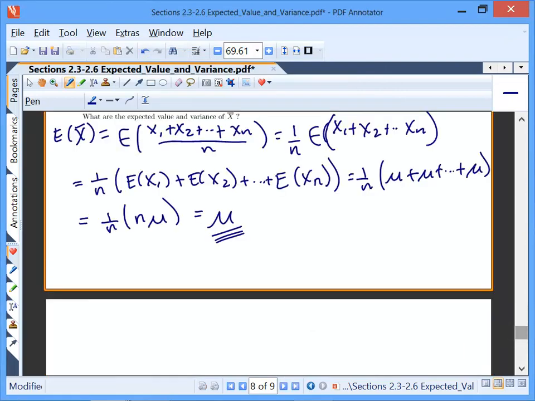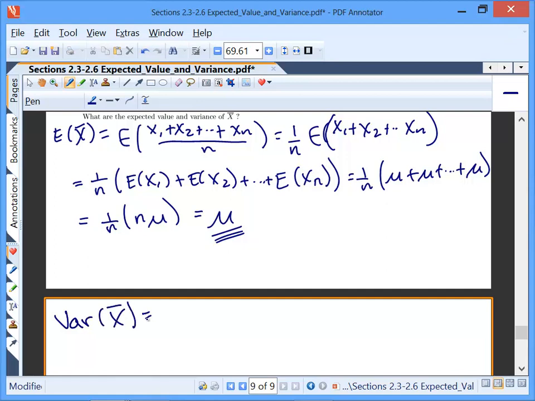And now let's find the variance using the same tricks. What's going to be the only thing that's different here? When I pull out my 1 over n, how does it come out? Squared.